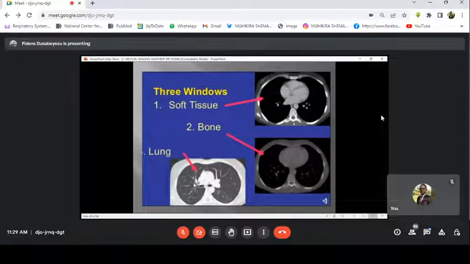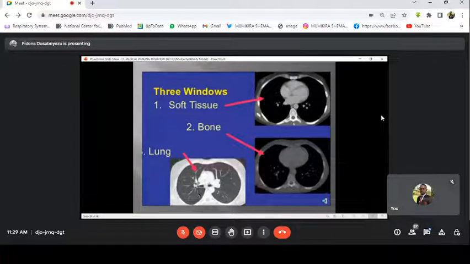Now, when I want to see the bones better, I will change that image from soft tissue to bone window, so that I can see the bones better. All right, that's the bone window. That's the soft tissue window, where the mediastinum is very well seen. And number three, I can even change the image to what you call lung window, so that I can see the lungs with the vessels better.